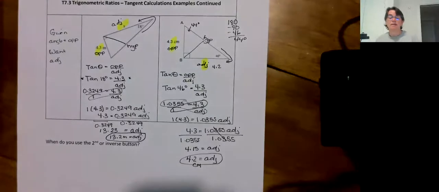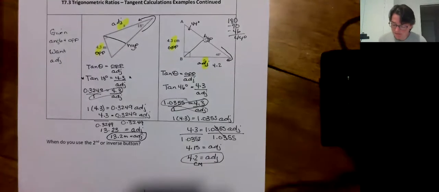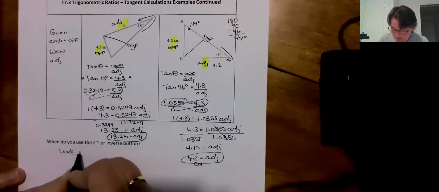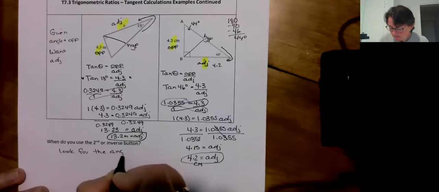All right. Oh, there's a question there. When do you use the second or the inverse button? Did we use it here? Nope. It looks like it's when you're looking for the angle.